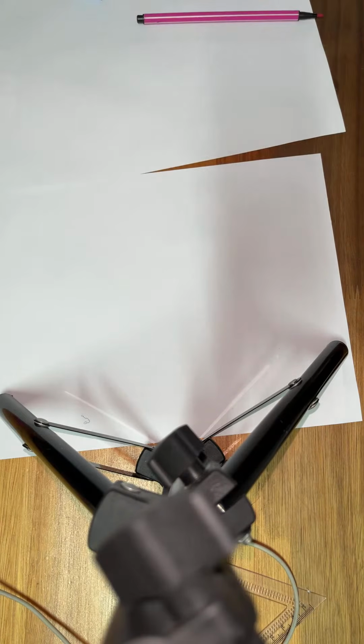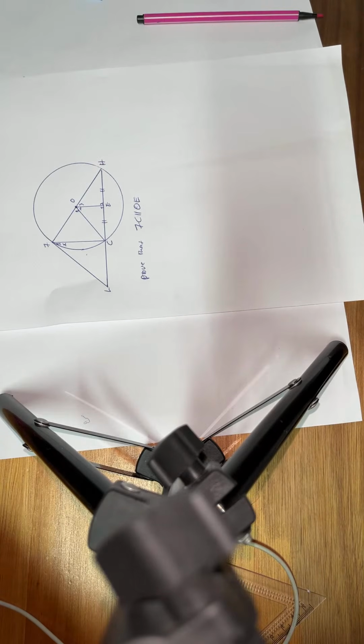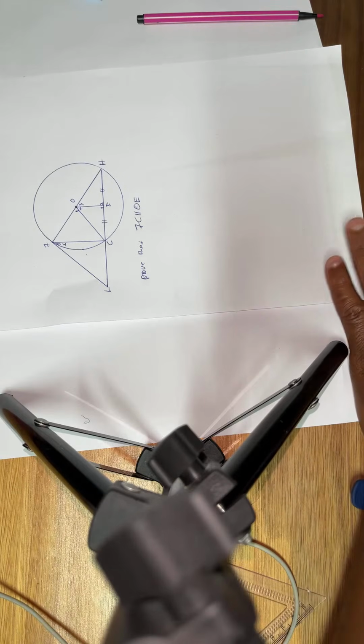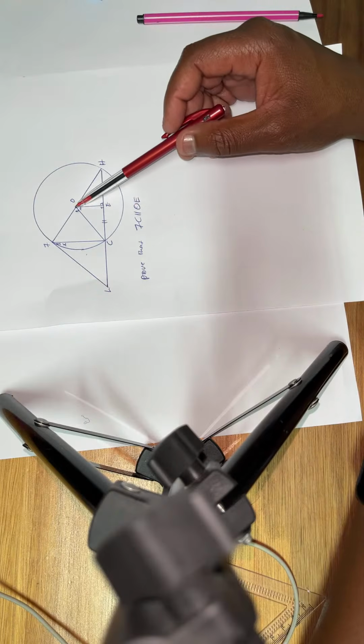And then we move to the next question, which is to prove that... Okay, they are saying in the diagram, FH is a diameter.